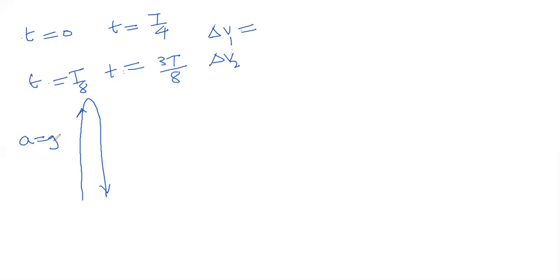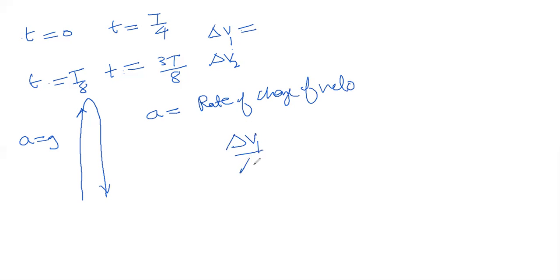We know that. What is the meaning of acceleration? Acceleration means rate of change of velocity. By definition, it is that. So delta V1 by delta T1 is called acceleration. If your delta T1 is the same, then what would happen?